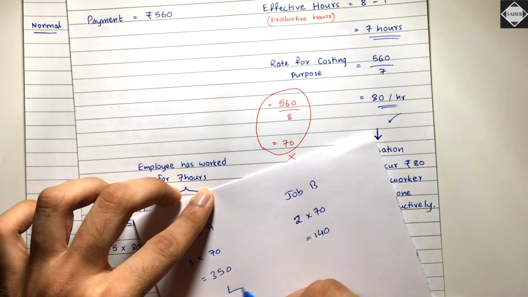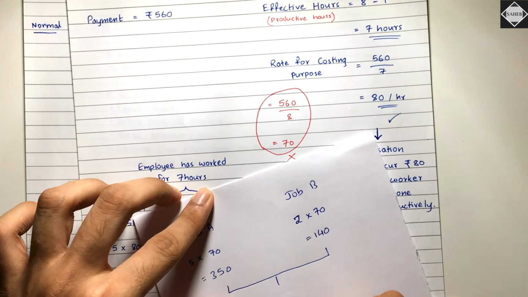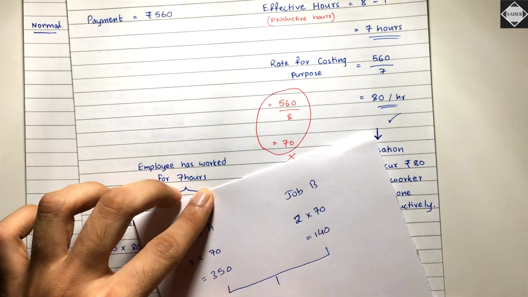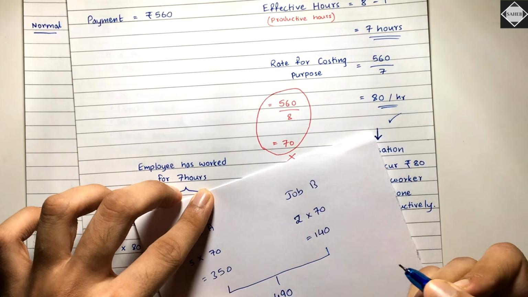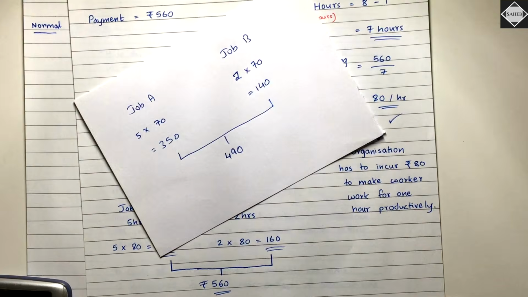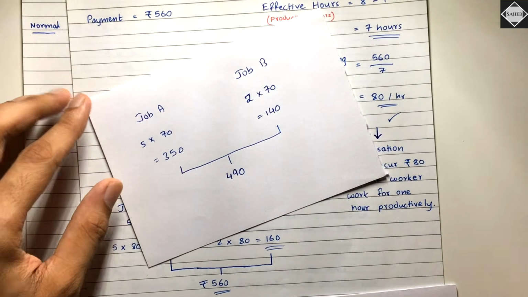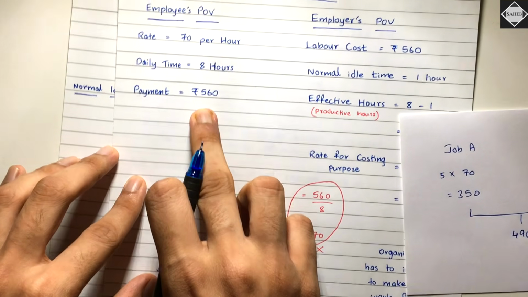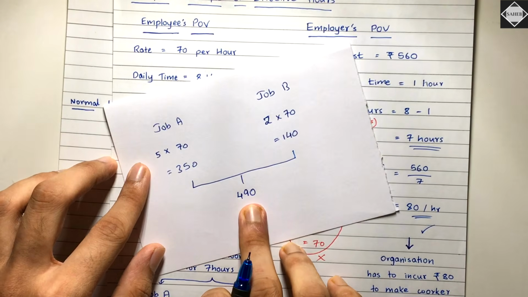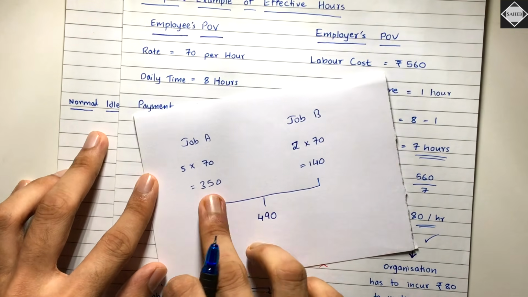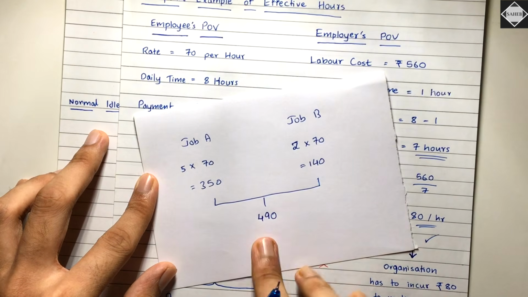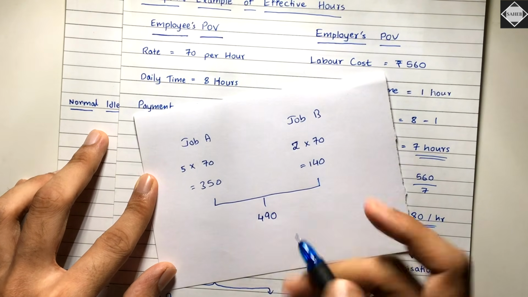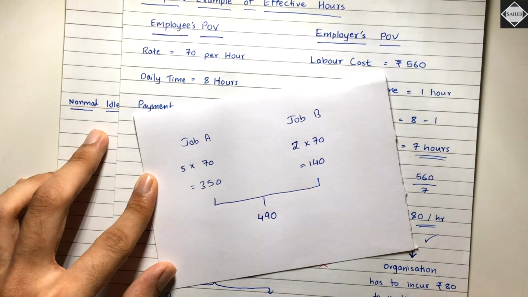If you add up these two, 350 plus 140, it's 490. You see, you paid 560 and you're doing the allocation of 490. You're recovering from job A only 350 cost, and from the job B customer you're recovering 140 cost. So in total you have made recovery of 490. Is that correct?